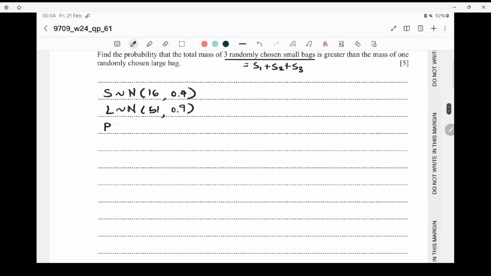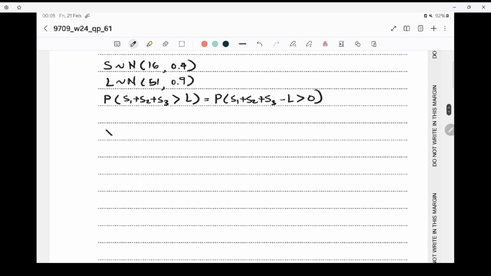This is the probability you need to find: 3 randomly chosen small bags is larger than 1 large bag. You can rewrite it as P(S1 plus S2 plus S3 minus L greater than 0).